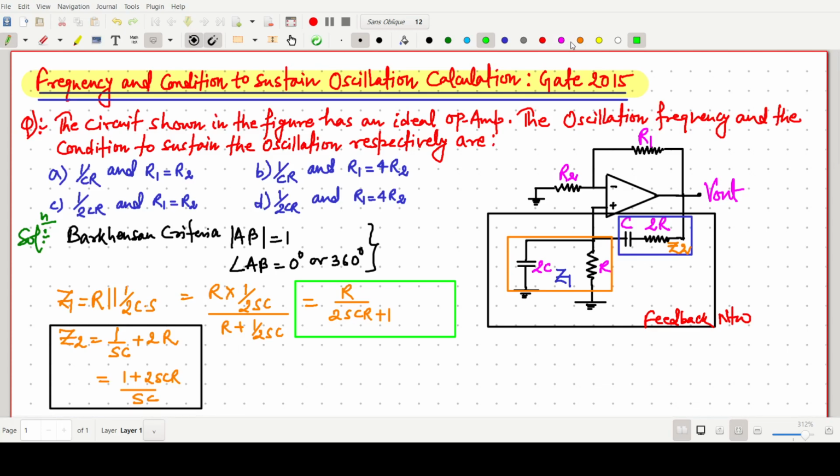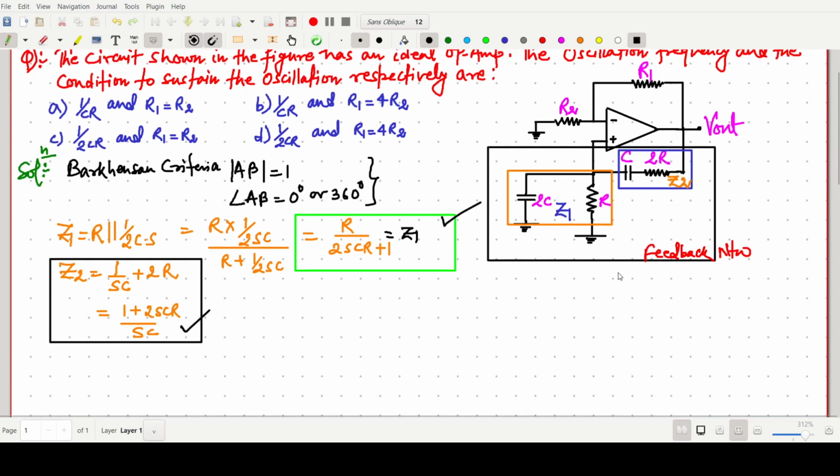It is a very simple fact that Z1 is there, Z2 is there, and now our circuit will look very simple. If we redraw the same circuit, having made these two calculations, it will be quite easier to think.